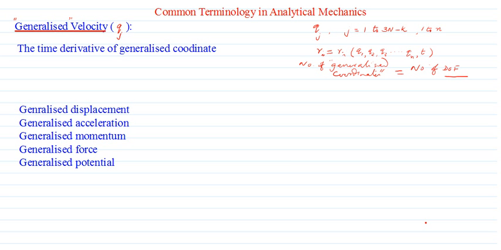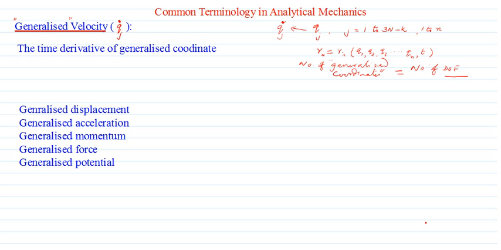See, generalized velocity is usually represented by qj dot. Generalized coordinate was represented by qj, so generalized velocity will be represented as qj dot. And what does this dot represent? In calculus, dot represents the derivative. So how do you define generalized velocity?